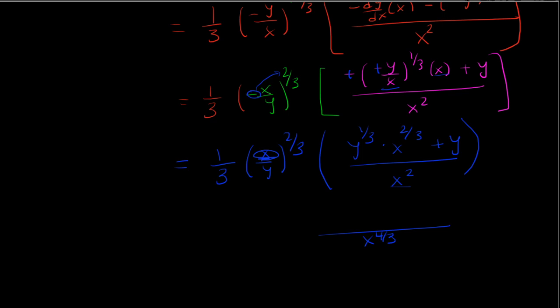And this y to the 2/3, I can simplify these guys. So what I'm going to do is take this 3 down here, and then I'm going to have y to the 2/3 on the bottom, and then I'm going to pull out a y to the 1/3, so that'll leave me with x to the 2/3 plus y to the 2/3.